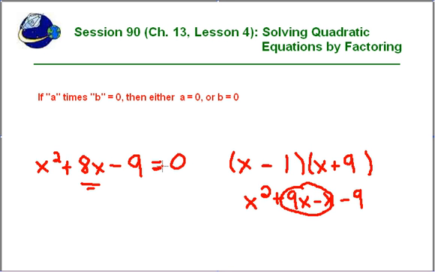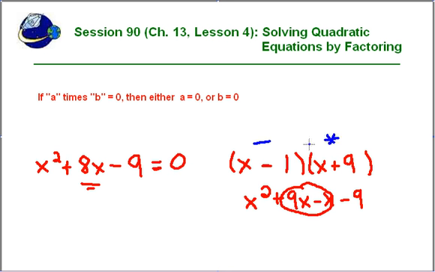Well, we go back to our zero product property. Whenever you multiply any factors together and get 0, that either means that one of the factors is equal to 0 or the other one's equal to 0. So let's take a look. What's the first quantity that we're multiplying together? Well, the first quantity is our x minus 1. The second quantity is x plus 9.